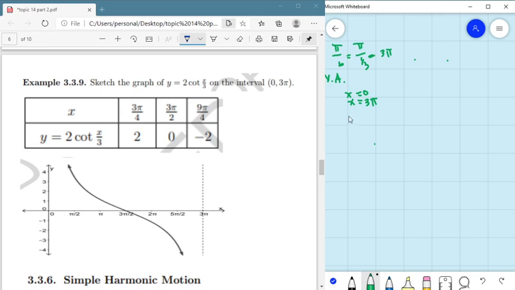In finding the values of x, we have 0 and 3 pi. In between them is 3 pi over 2, right?